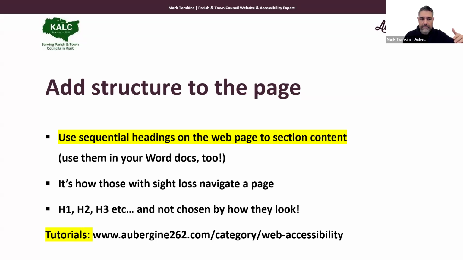But the content might not be how you meant to read the content. So you could end up having the computer read the 5th paragraph on the page first, just because you've selected H1 as the heading style. So this is really important for that reason.